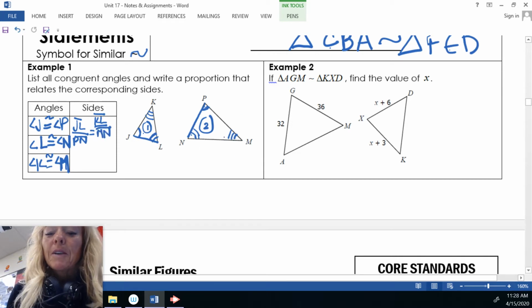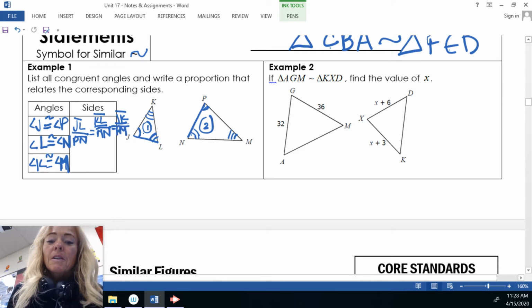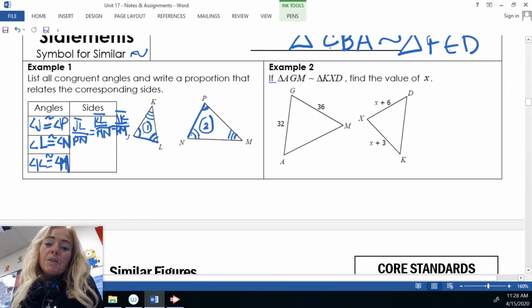So that ratio will have the same scale factor as our third side, and that's going to be 1 to 3. So JK, one arc is J, 3 arcs is K, and then PM.